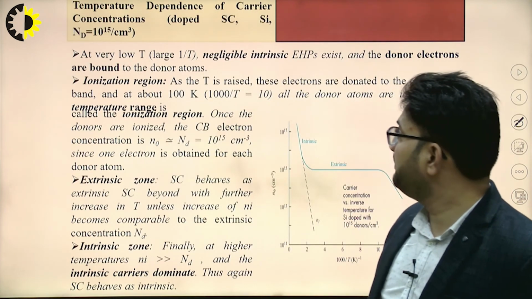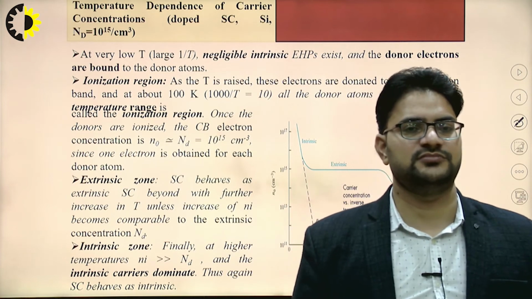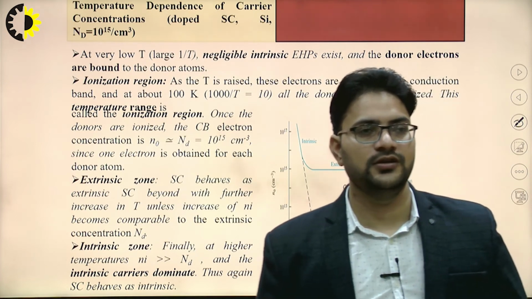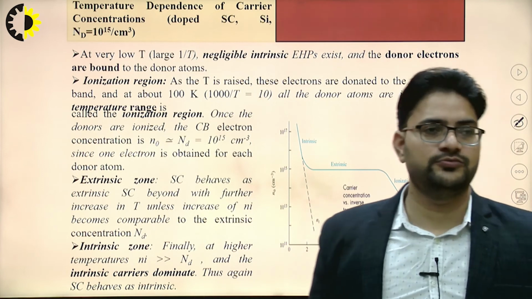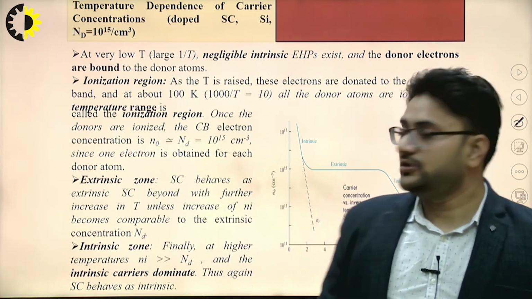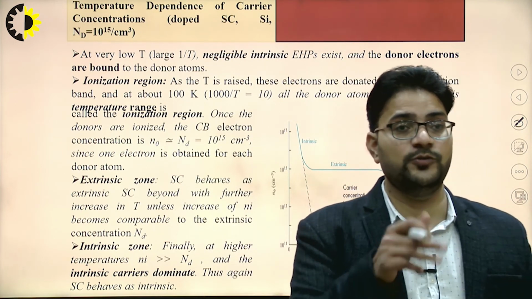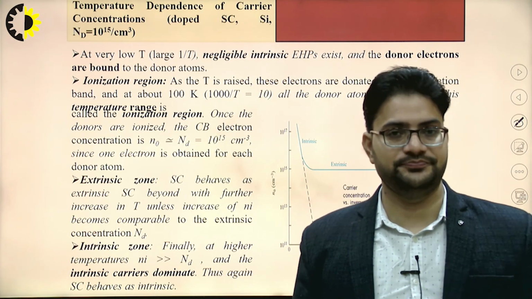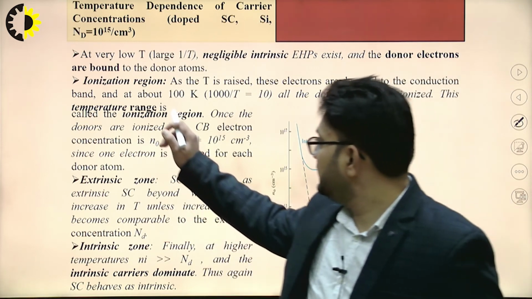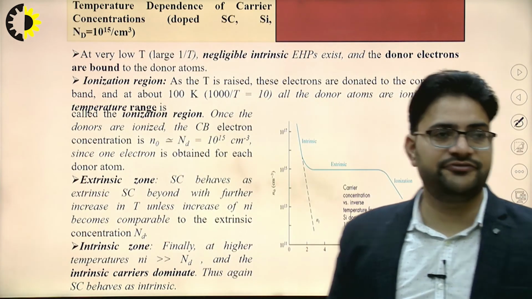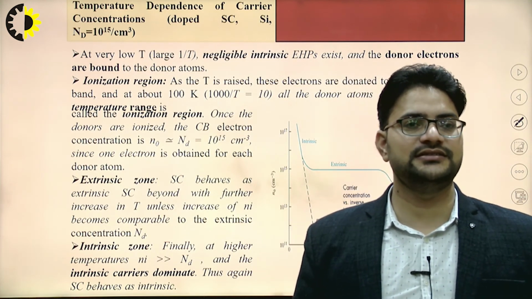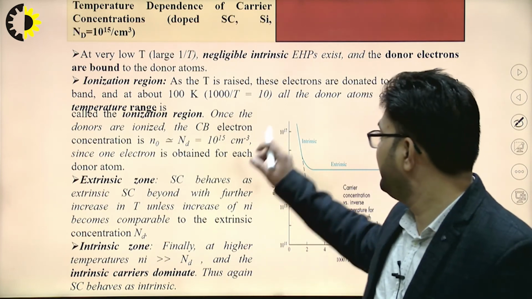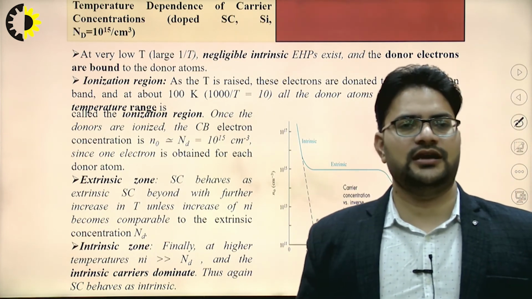Now next is the temperature dependence of the carrier concentration in a doped semiconductor, silicon, etc. If the temperature is very low, we will have negligible intrinsic electron-hole pairs, and donor electrons are bound to the donor atoms. If the temperature is raised, then these electrons are donated to the conduction band, and at about 100 Kelvin all the donor atoms are ionized.